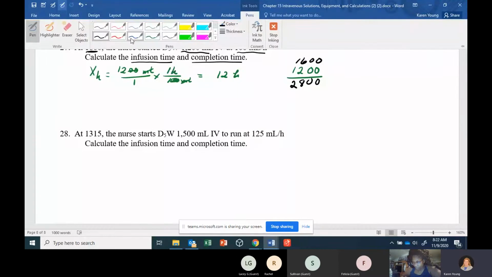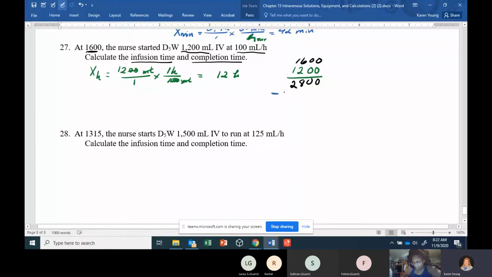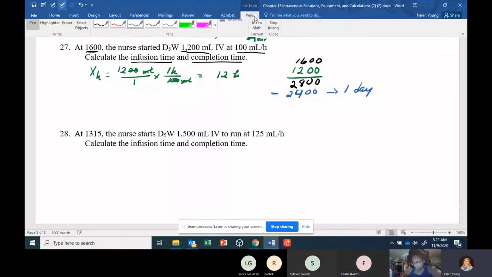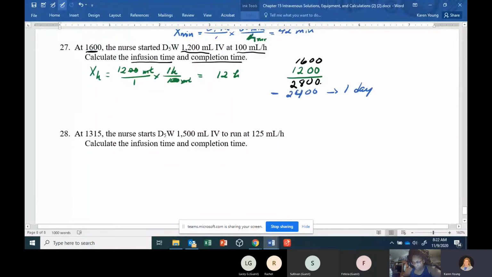To find our actual completion time, we have to subtract 24 hours and no minutes. We're subtracting 1 day because it's gone past midnight into the next day. So 2800 minus 2400 gives 400, and this would be my completion time. So it's going to complete at 4 a.m. the next morning.